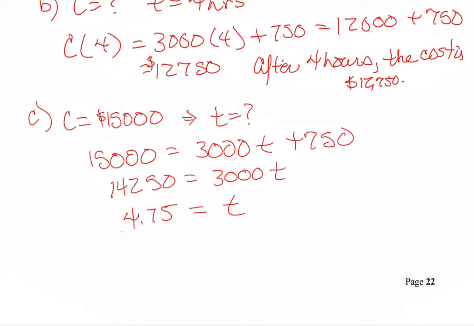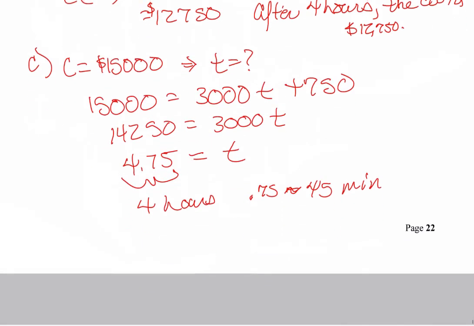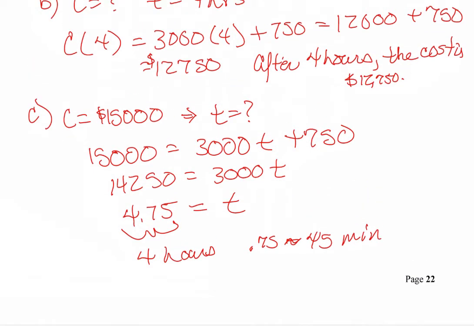So what does this mean? Well, the 4 is 4 hours, and the 0.75 is equivalent to 45 minutes. All right? Oops, I'm out of page.